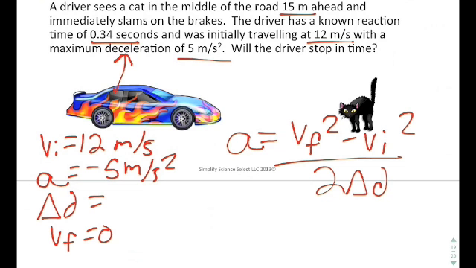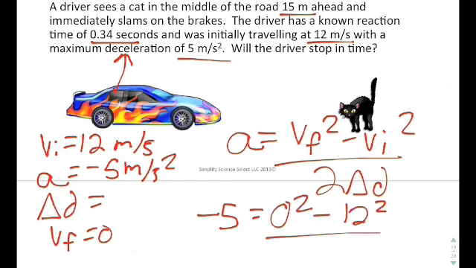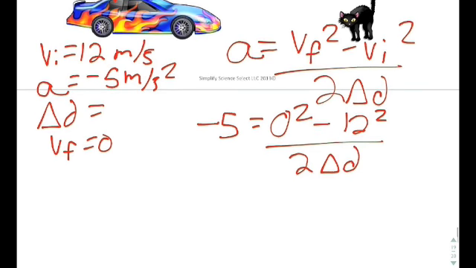I'm going to go ahead and plug my numbers in this time. Last time I solved algebraically, this time I'll plug in. We'll say negative 5 equals 0 squared minus 12 squared divided by 2 delta D. You see it's a very similar situation to what we had last time. We can simplify this.